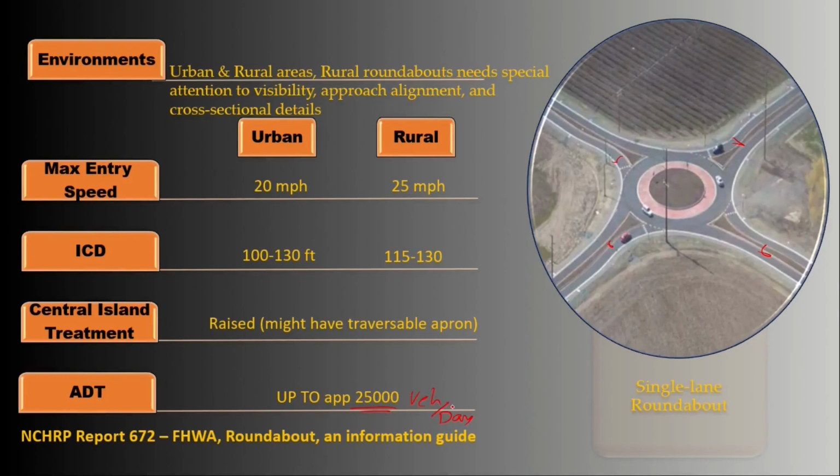As a rule of thumb, as long as the sum of entering and conflicting volume on each leg is less than 1200 vehicles per hour, single lane roundabouts are expected to be able to handle it.